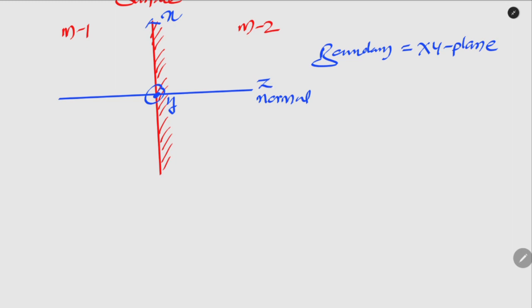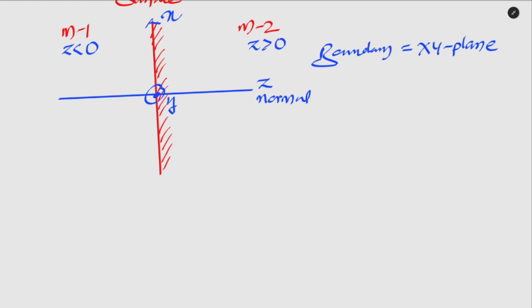So the z axis is the normal, and the boundary is nothing but the xy plane. Like that I have taken the interface which is separating the two media. That means medium 1 is available for z less than 0, medium 2 is available for z greater than 0, and these two media are separated by the xy plane.